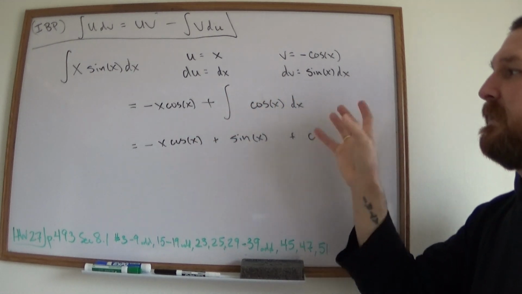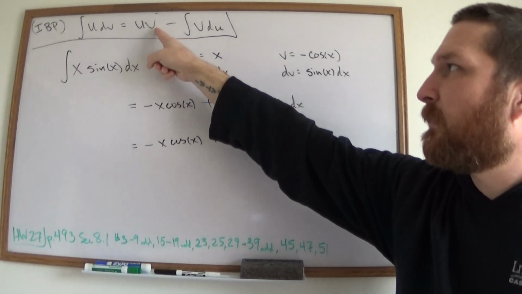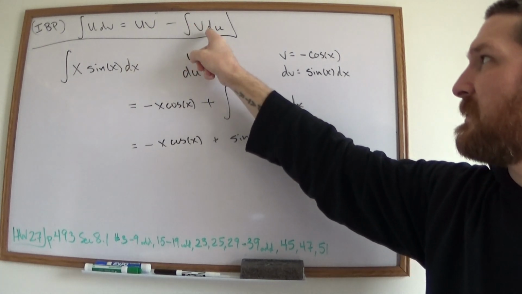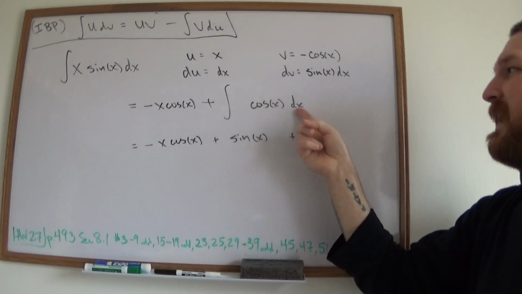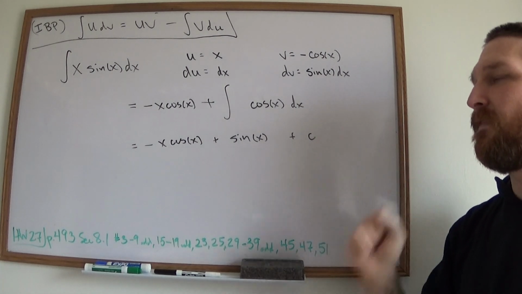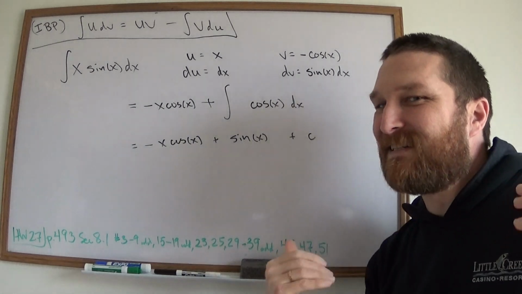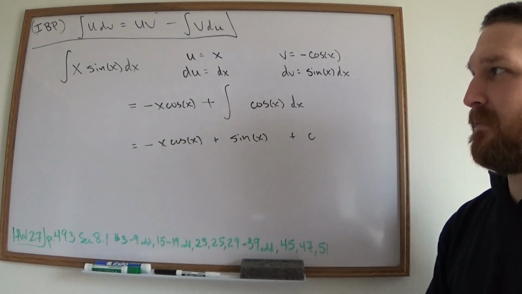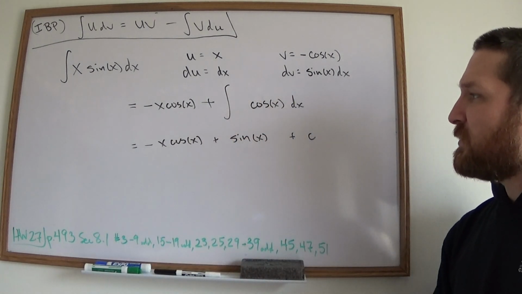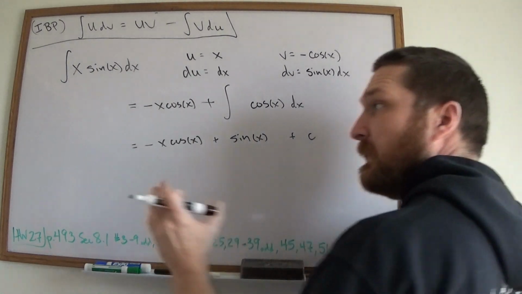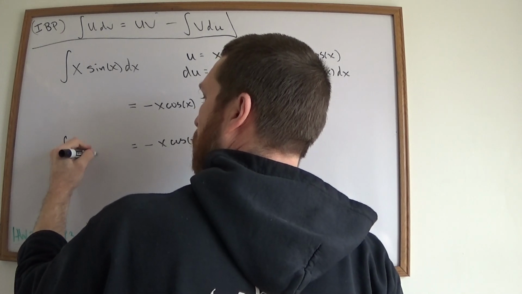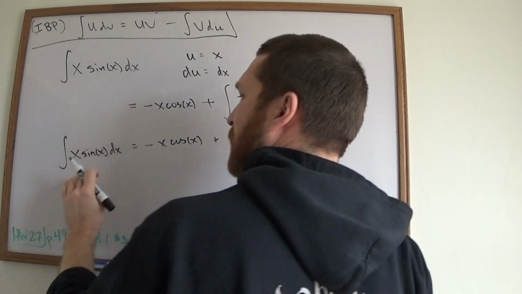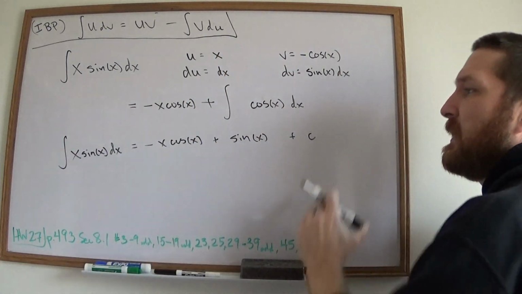Yes, a constant came along here, and then a constant's going to come out of here, but we can bring all those constants together, and that's when I bring in a constant right there, since this is an indefinite integral. So apparently the antiderivative of this function is this right here.